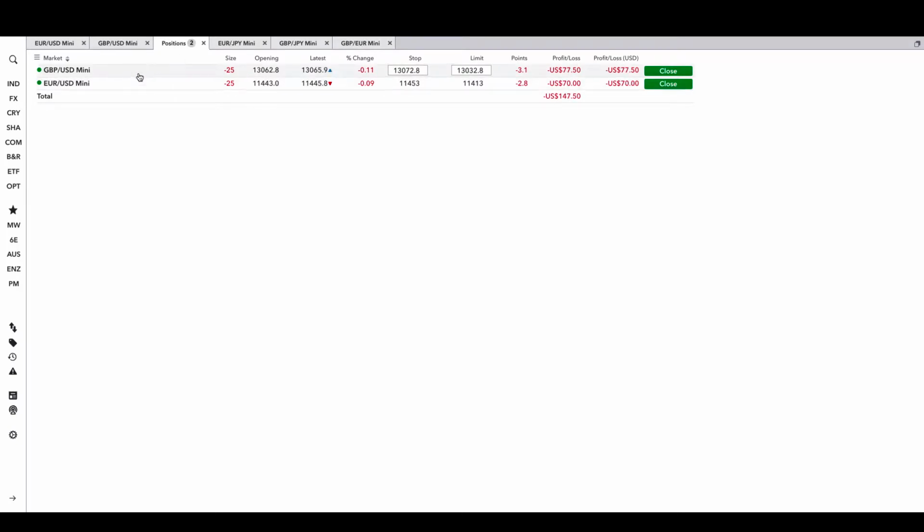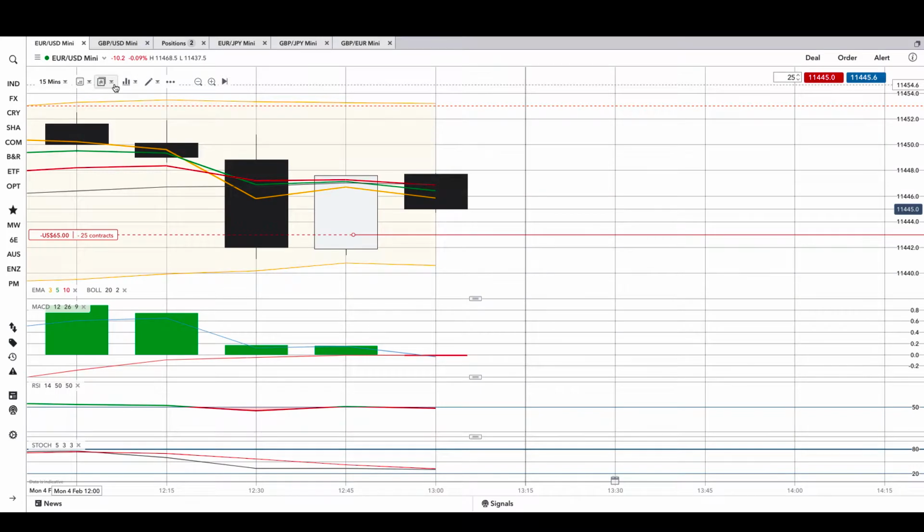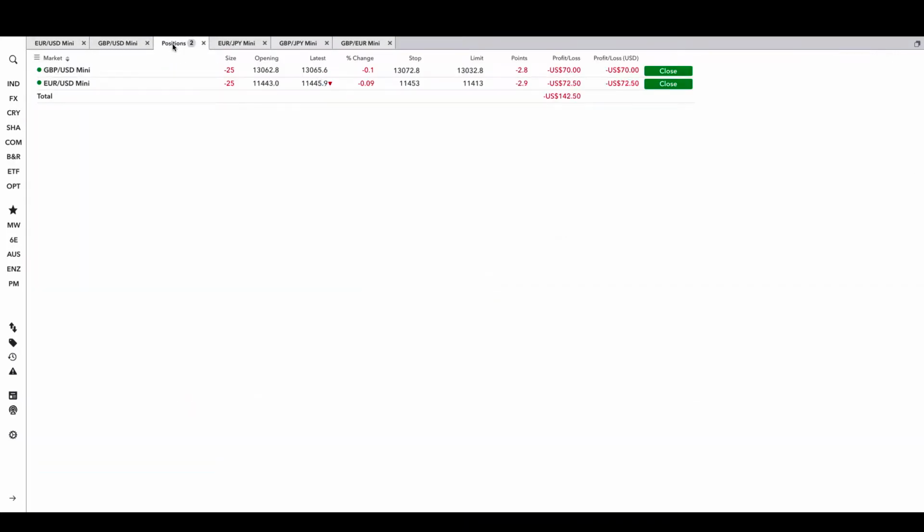So typically for this kind of trades, it will take you about 30 minutes to 90 minutes to see how the trade is going.